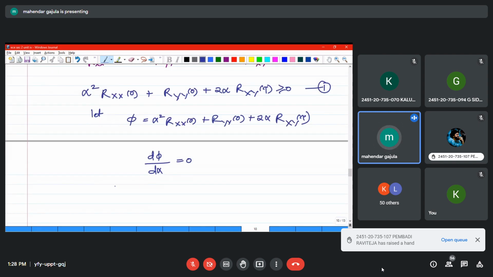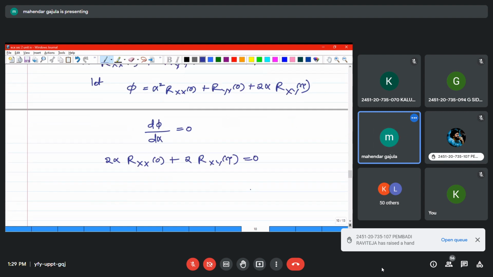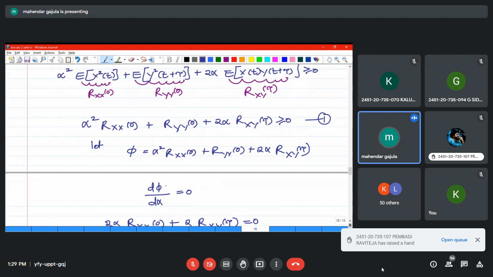So d phi by d alpha is 2 alpha Rxx 0 plus 2 Rxy tau equals 0. From this, alpha equals minus Rxy tau by Rxx 0. Let us call this equation 2. Let us substitute equation 2 in equation 1.